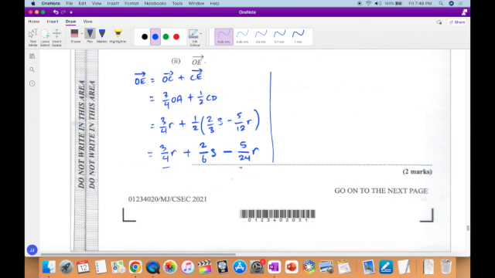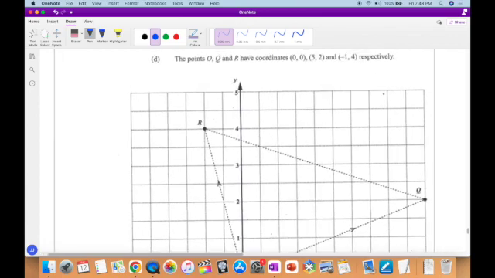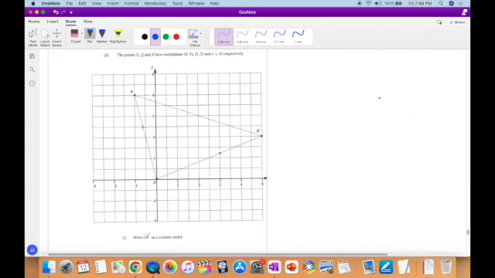So OE is 13 on 24 R plus 2 over 6 S. Okay?